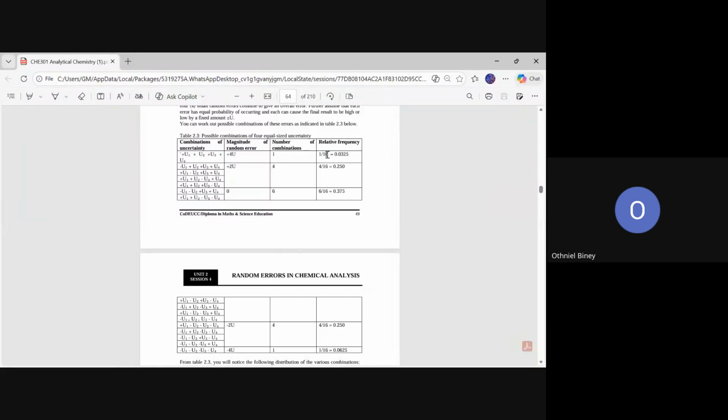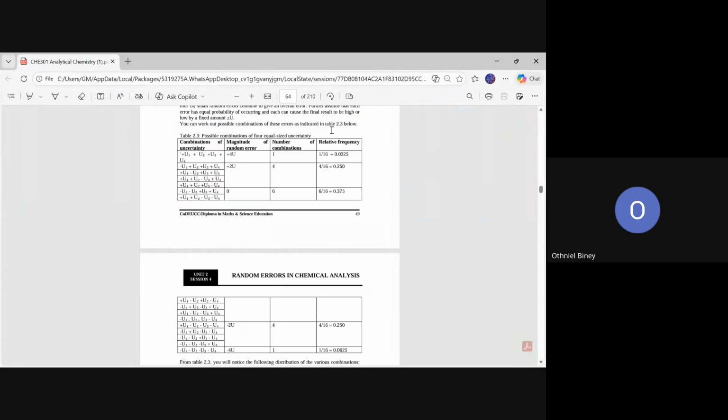The 16 here is because the number of combinations of uncertainty is 16. That is the first thing you have to know.